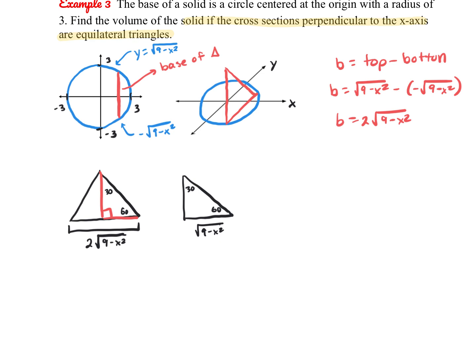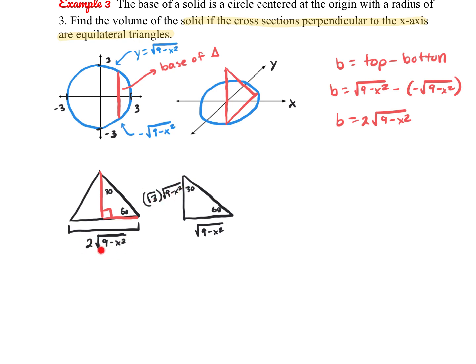So we know for a 30, 60, 90, the ratio of the sides is 1 to root 3. So this leg is always going to be your shorter leg times root 3. So it's actually root 3 times the square root of 9 minus x squared. So that's going to be the height of our triangle. So the height is this square root of 3 times square root of 9 minus x squared.